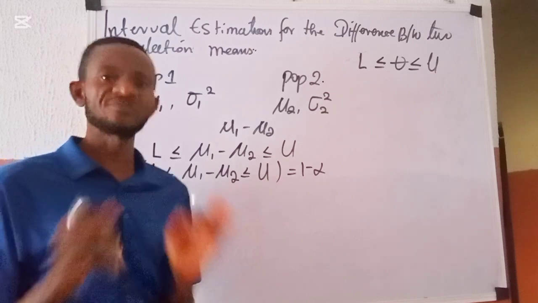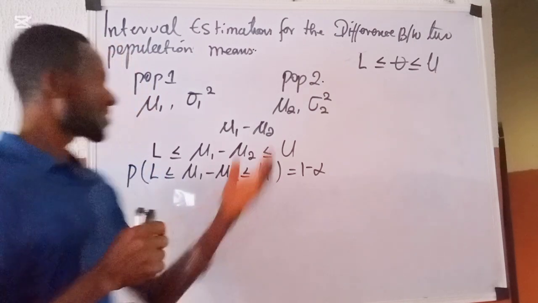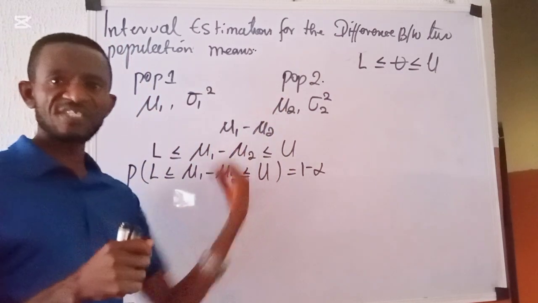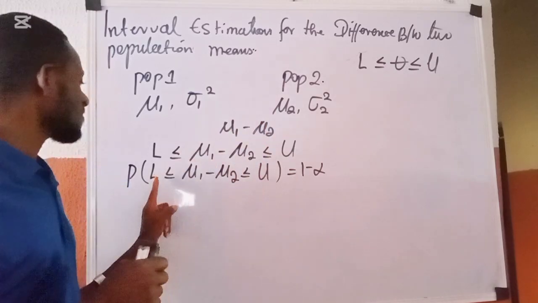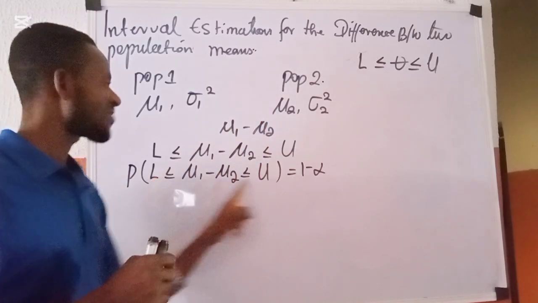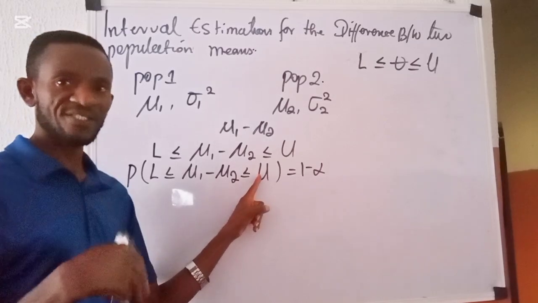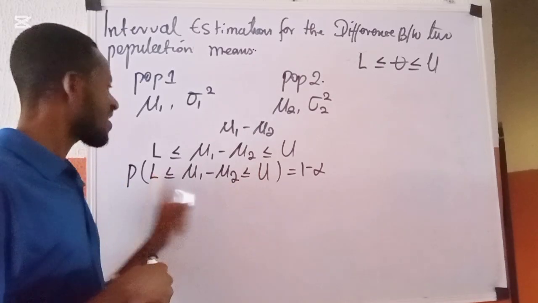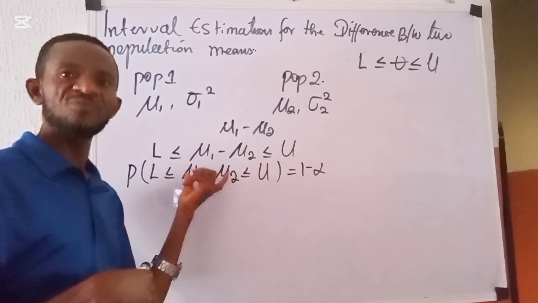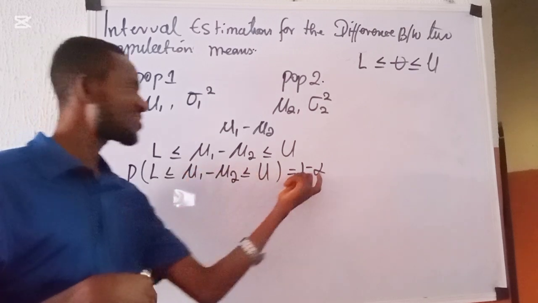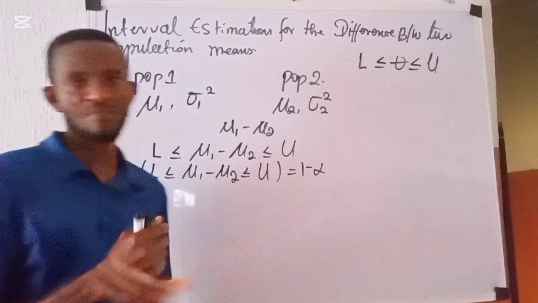So the question becomes, given these explanations or this introduction, how do we find the true value of L and U, such that these values L and U will be able to contain the difference between the two population means given this probability level?